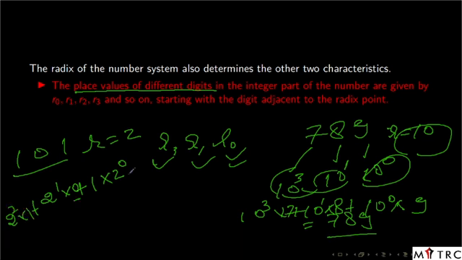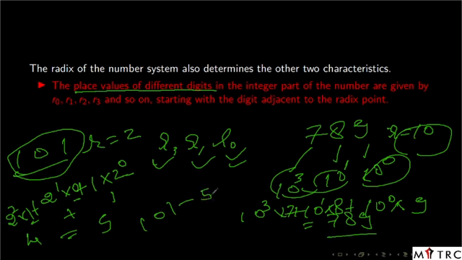This 1 is the number at that particular digit. In decimal equivalent, it is 1 plus 4, so it is 5. So this binary number 101 is 5 in our decimal system.